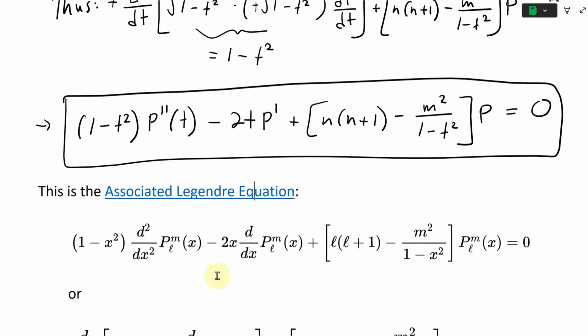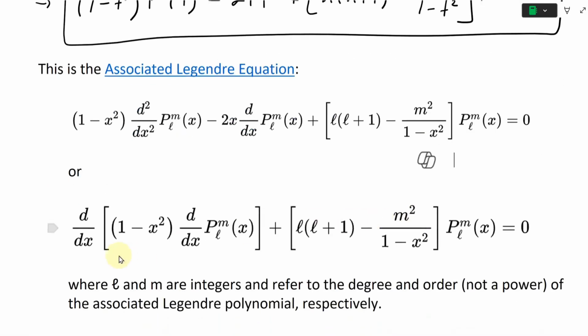And then there's P_L^M, that's just the solution to it. Anyways, that's p, and n times n plus 1 is L times L plus 1. Then there's minus m squared over 1 minus x squared, times P_L^M or p, equals 0.